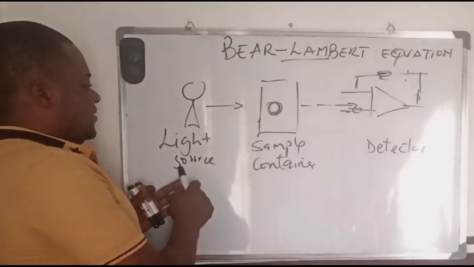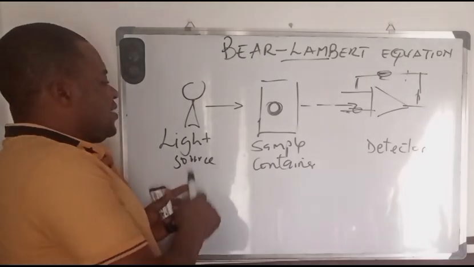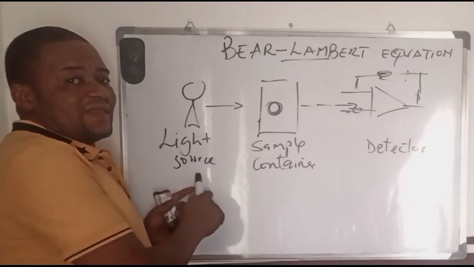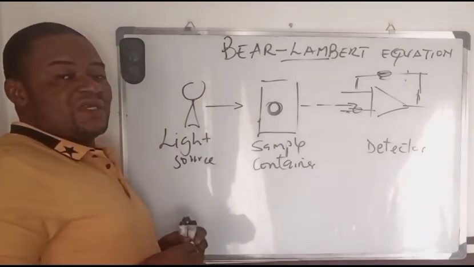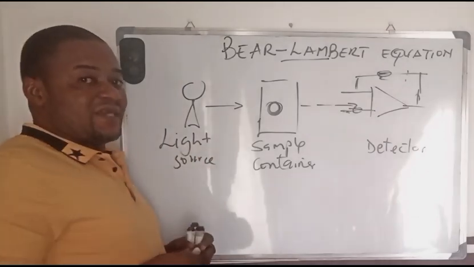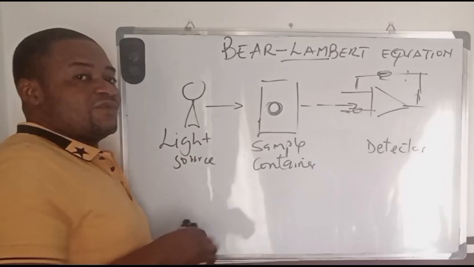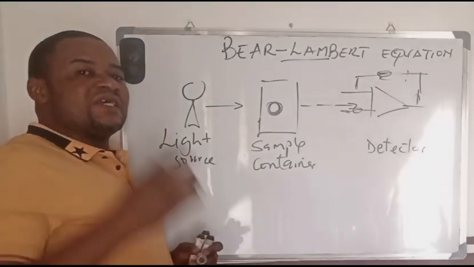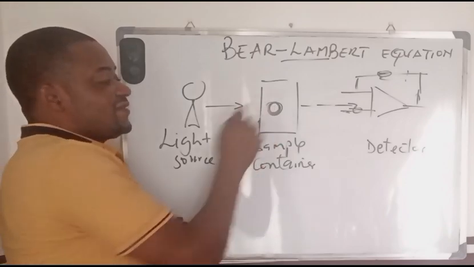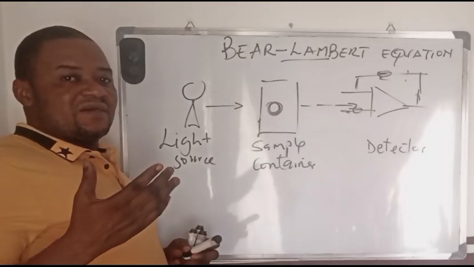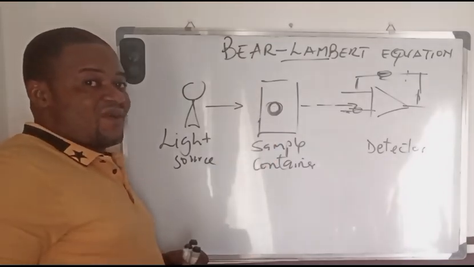If you look at the light source, what Beer-Lambert says is simple: when you are given a monochromatic light source, there is going to be a ray of light that goes in, because the beam of light from the original light source that comes through the monochromator will be narrowed into the required ray based on the wavelength that this particular sample will require.